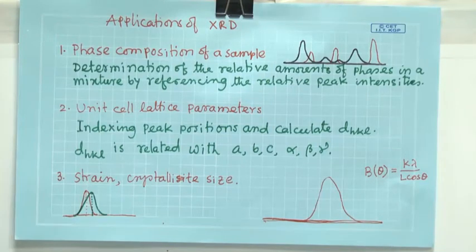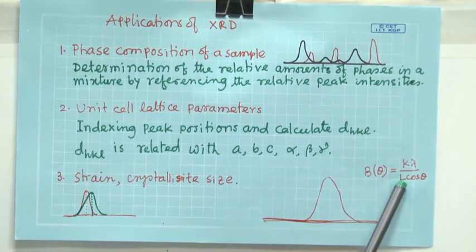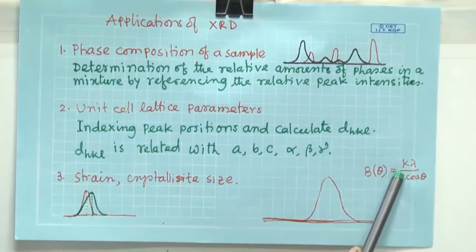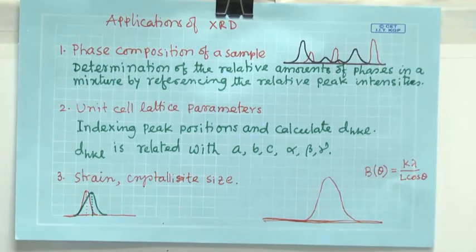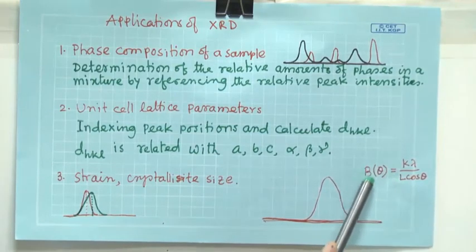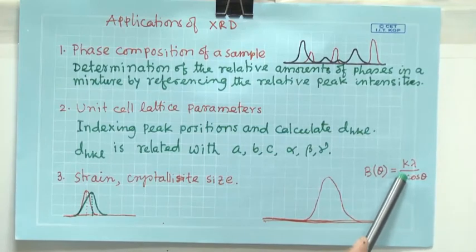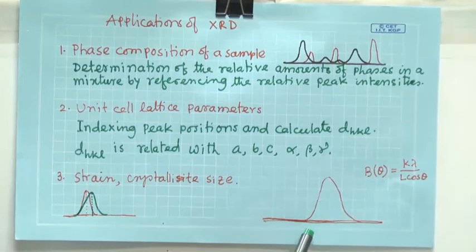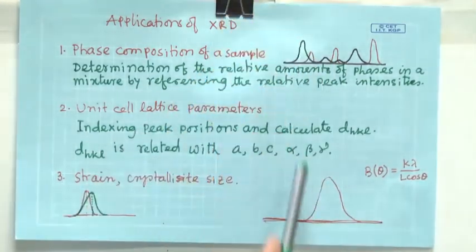That is why in case of a single crystal, as I told, the peak will be very sharp, because the ordered region is very large. So, L, the crystallite length, in a single crystal is very large, and the broadening is inversely proportional to the size of the crystallites L. So, broadening will be very small, and that is why you get a very sharp peak.